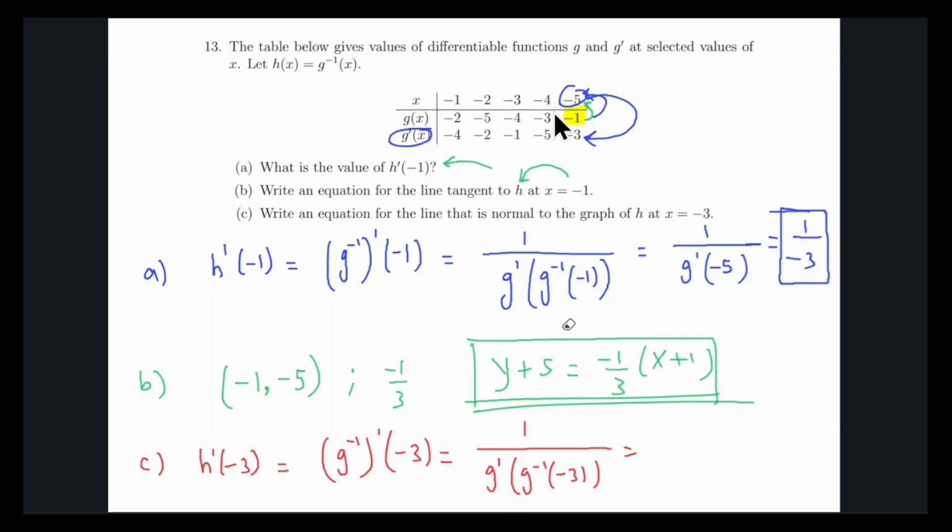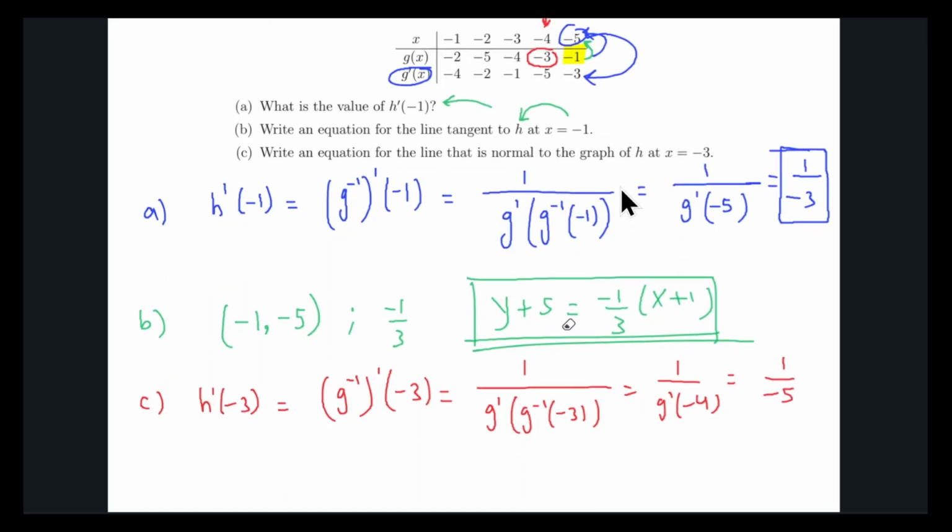G inverse negative 3, as you can notice, is this y value. So its corresponding x value will be negative 4. So it will be 1 over g prime negative 4. And g prime negative 4 is negative 5. So it's 1 over negative 5.